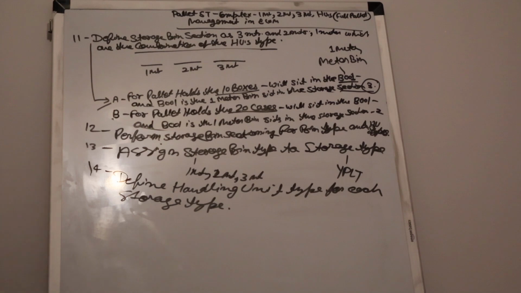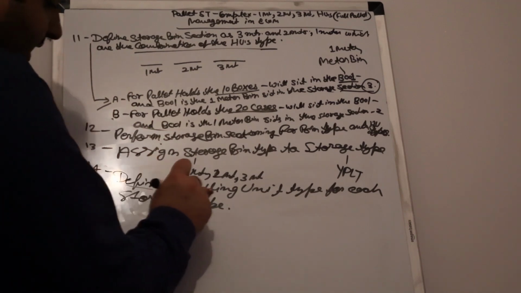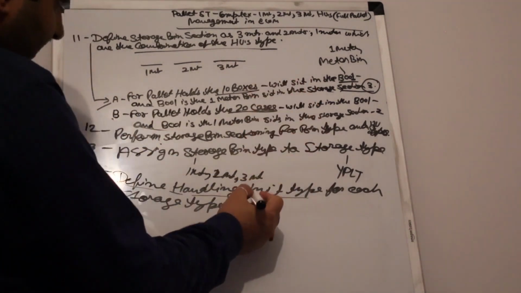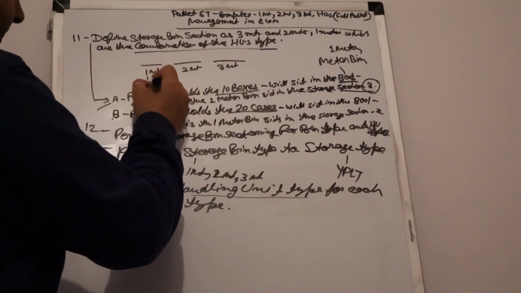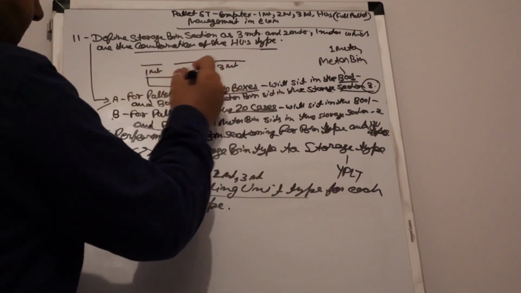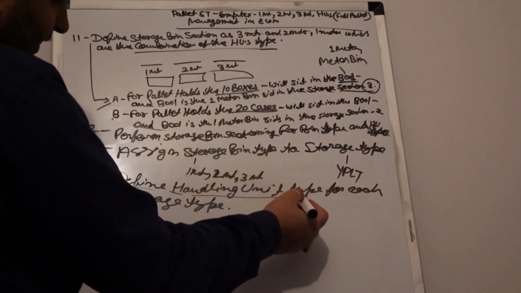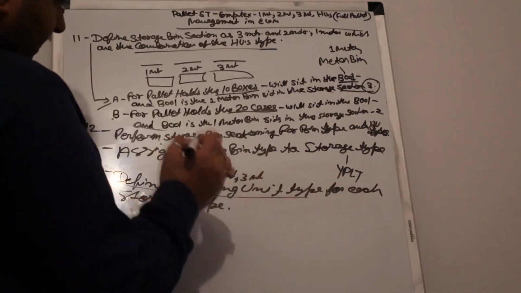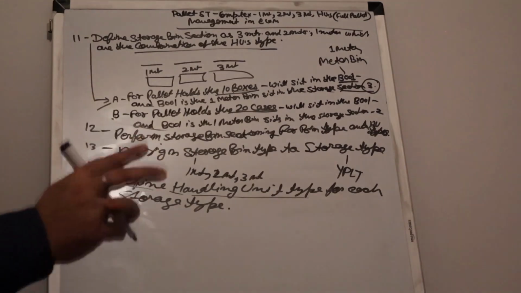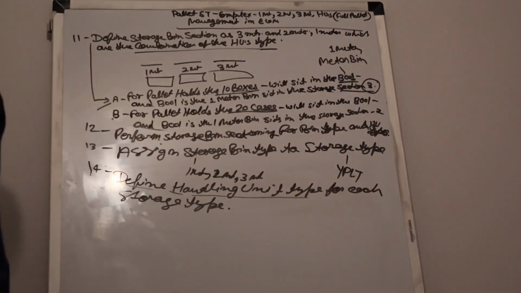Then we need to tell the system to define handling unit types, because we have handling unit types of 1 meter, 2 meter and 3 meters. We need to define the handling unit types for each storage type, because we have two kinds of storage type.